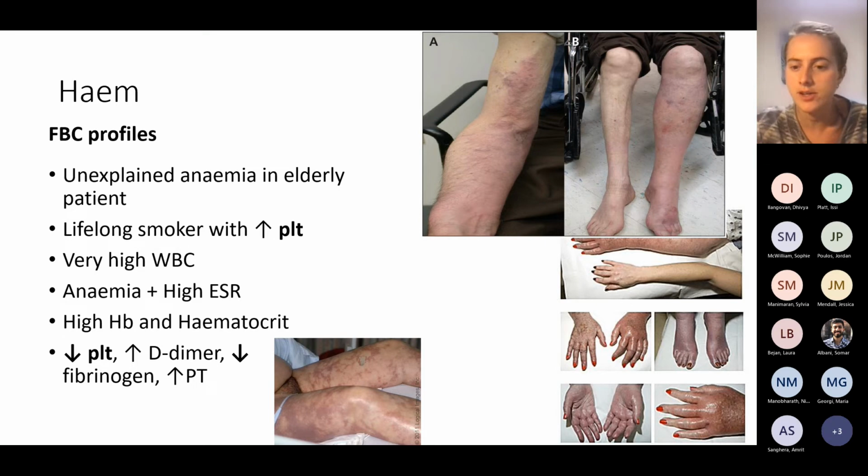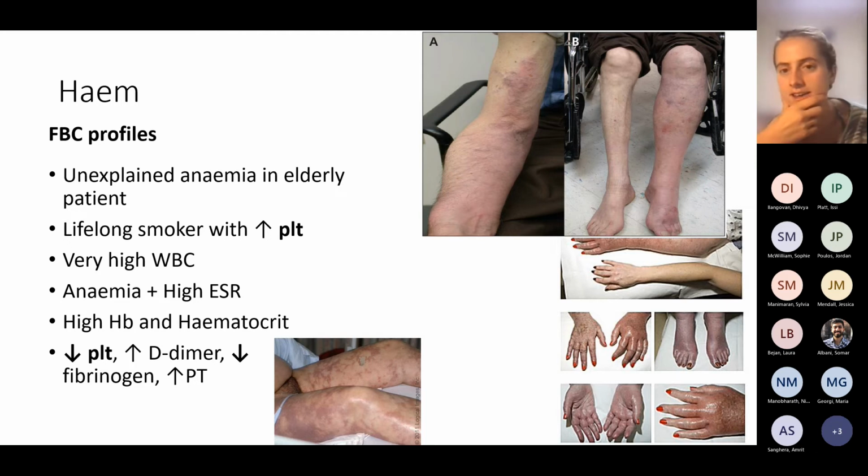Oh, okay, so that one could be, yes, myeloma, not melanoma. Yeah, very good. Well picked up, guys. And don't worry, it's really easy to do.